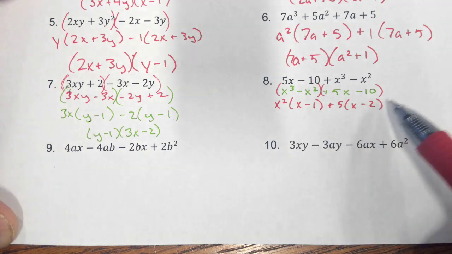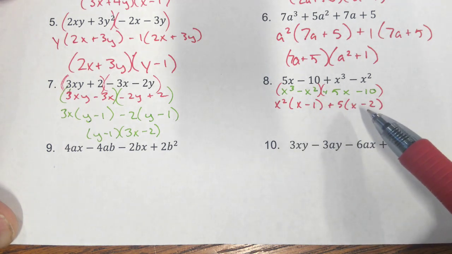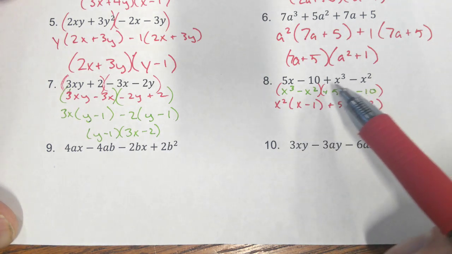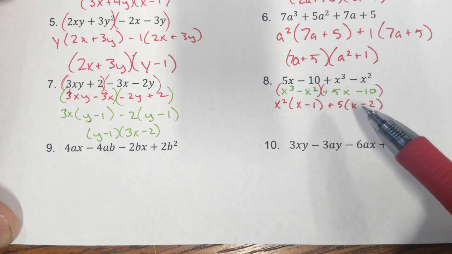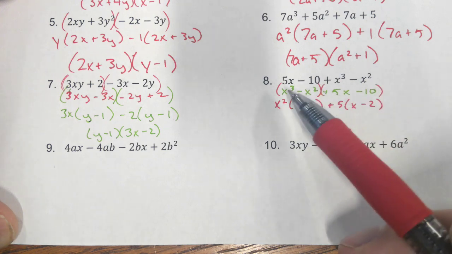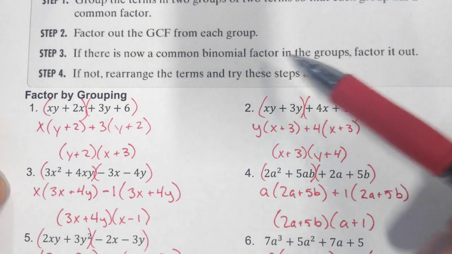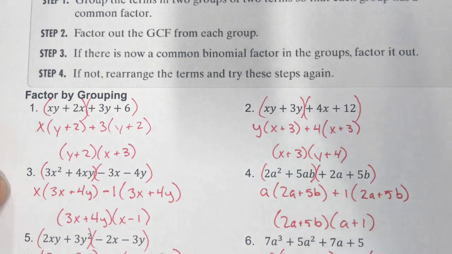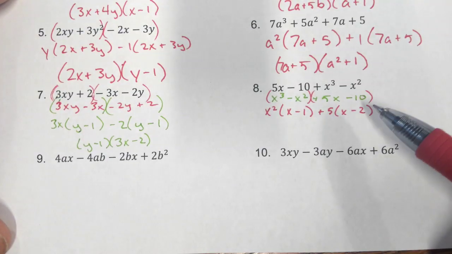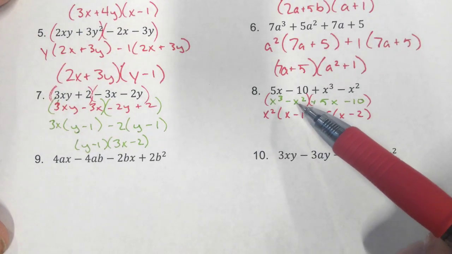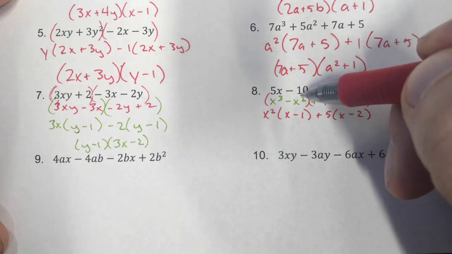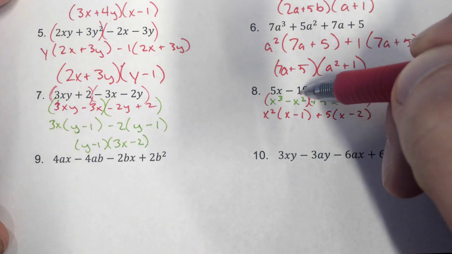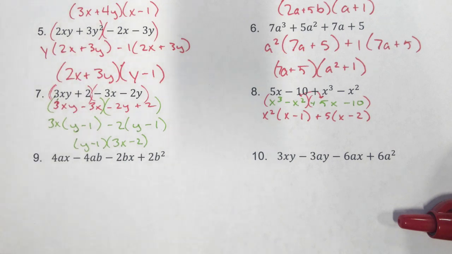So that's not good. See how that doesn't match? Maybe we need to switch some order again. So that's what step 3 says. If there's not a common binomial factor in the groups, you've got to rearrange and try those steps again. A lot of times if you just flop the middle 2 around, that will work.